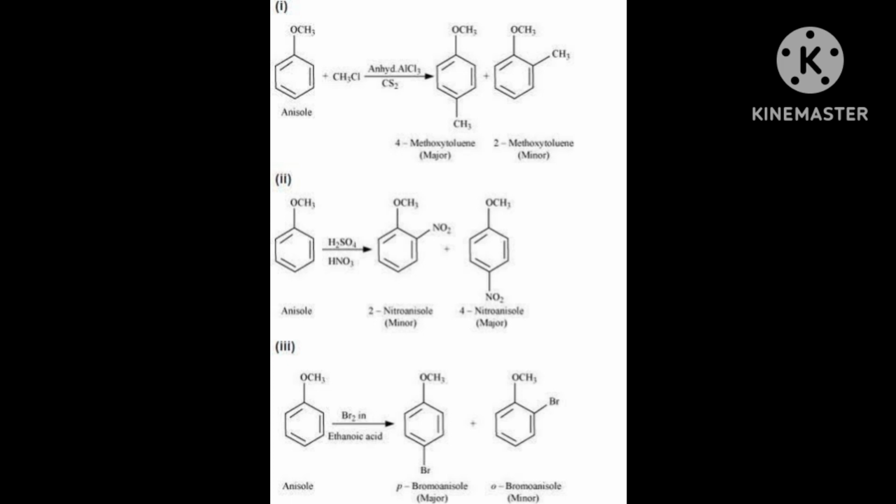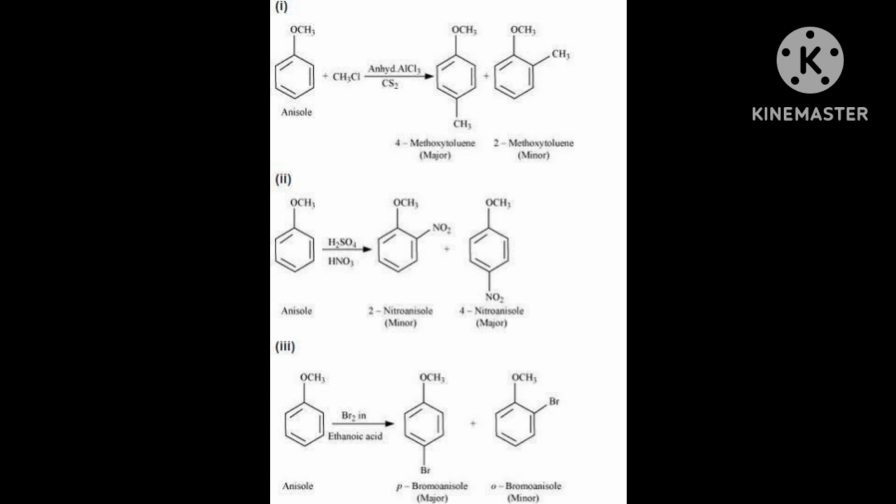Then the reaction is very simple. This is the ether you are talking about. On one side there is the phenyl group, on the other side the methyl group. You know that the bond will break between O and CH3.